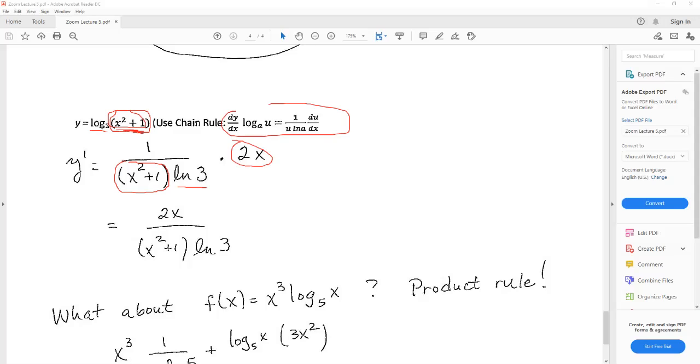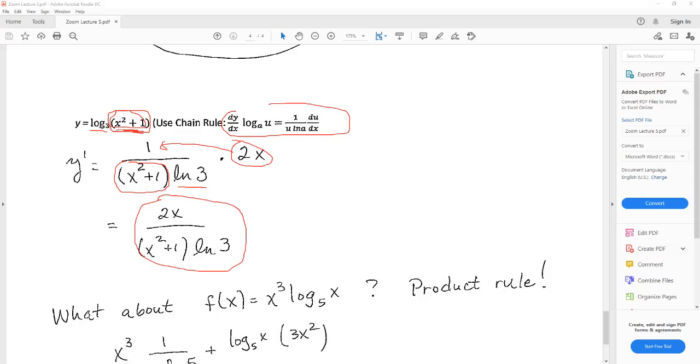And the derivative of x squared plus 1 is 2x. And the rest of this is just simplifying. I multiplied the 2x times 1. That gave me 2x in the numerator, and of course the denominator is x squared plus 1 multiplied by the natural log of 3.